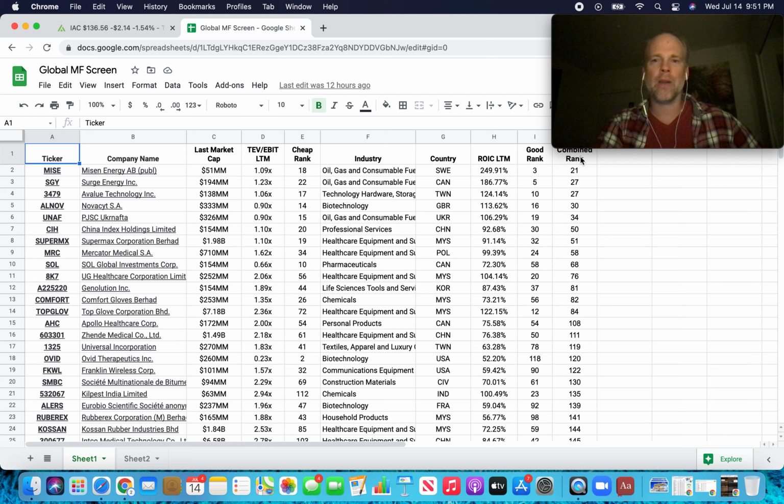And then I came up with the combined rank, all right? Simply the cheapness rank plus the goodness rank gives us the combined rank. And I simply sorted all of the results by the combined rank, okay? And this is effectively the magic formula applied on a global scale.